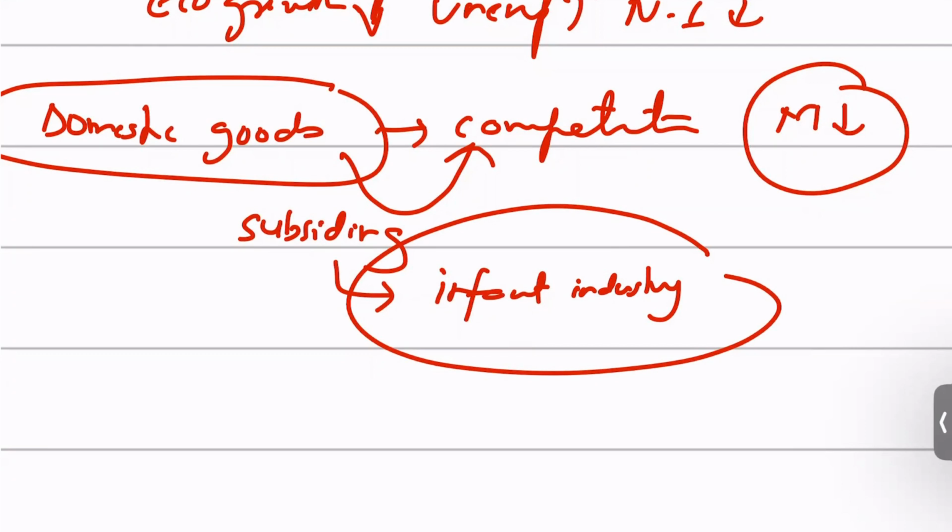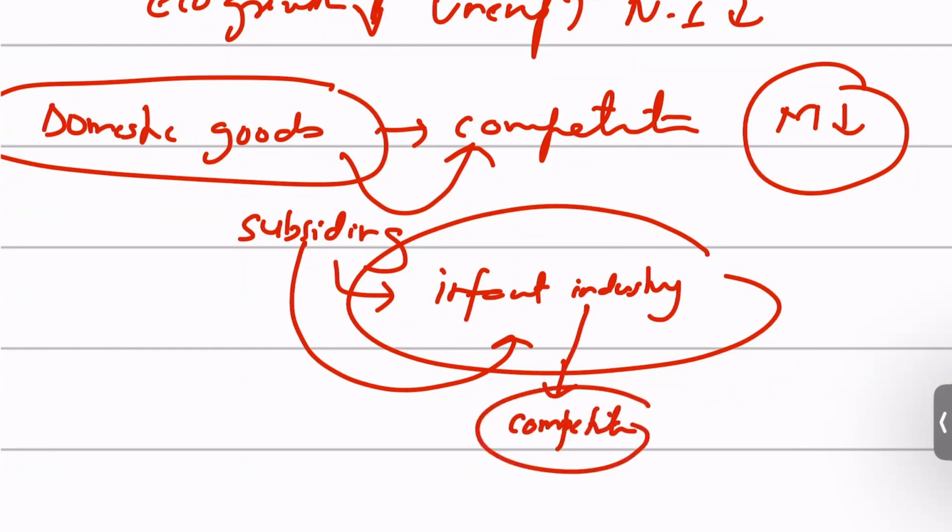Therefore, it is important that the state or the policymakers of an economy always come up with policies to protect their domestic industries. And one way they could do that is by subsidizing the domestic firms, subsidizing the infant industry, because this would actually make them more competitive.